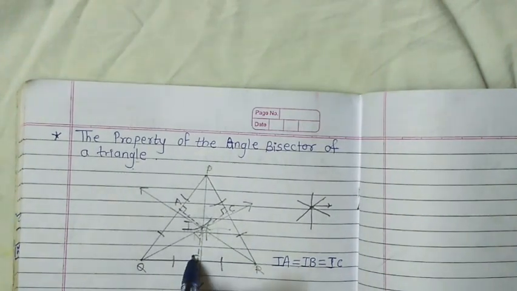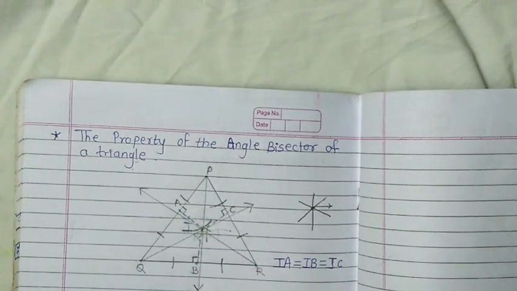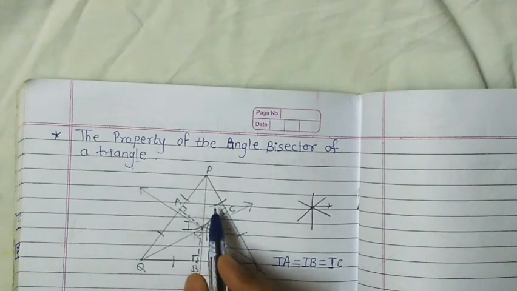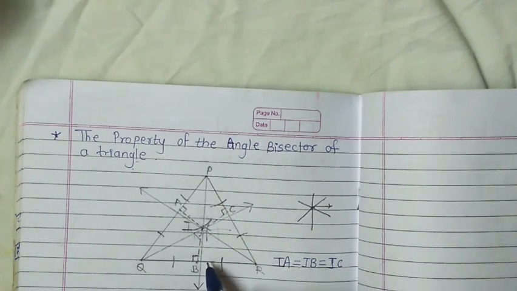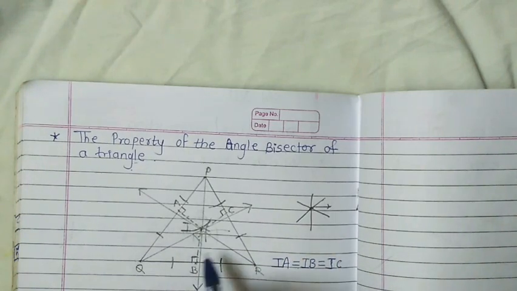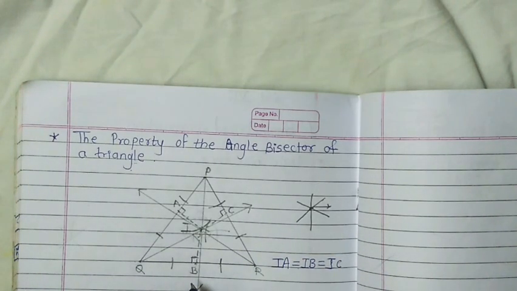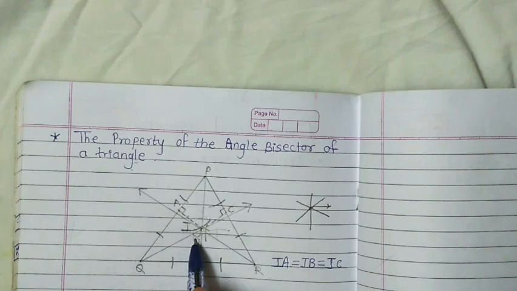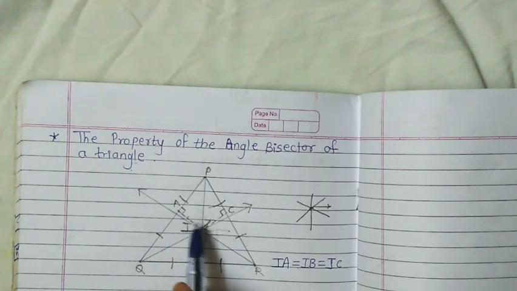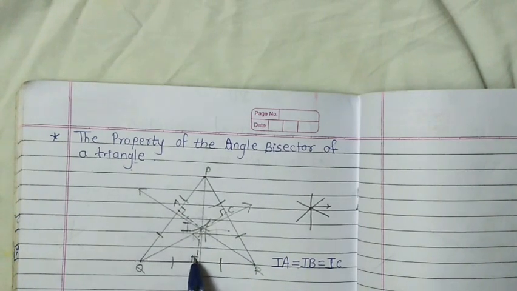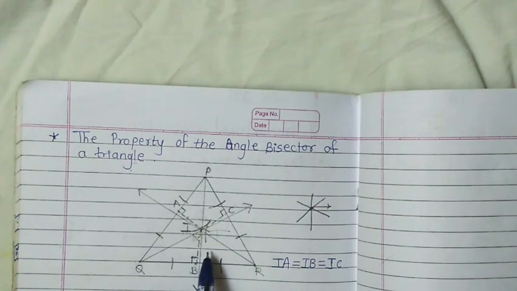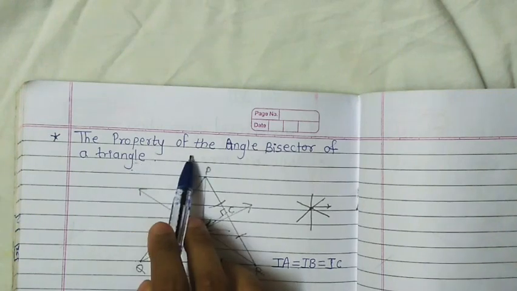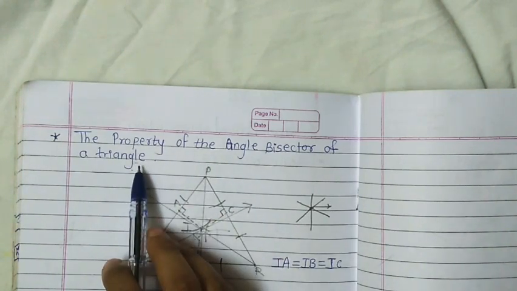Because their distances are same. Now children, from this construction, we understand two things. First one is the point of concurrence of angle bisector of a triangle is in the interior of a triangle. And second one, three perpendiculars which we have drawn, their distances are same. They are equidistant. Understood? So this is our property of angle bisector of a triangle.